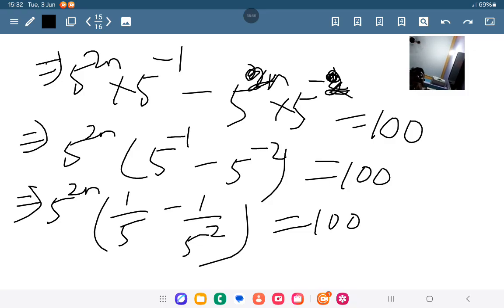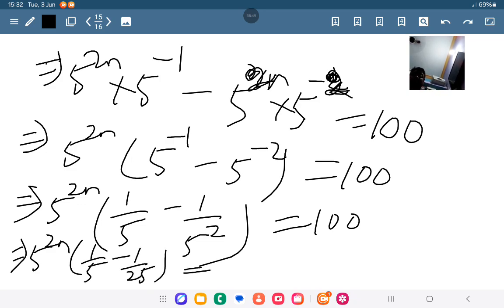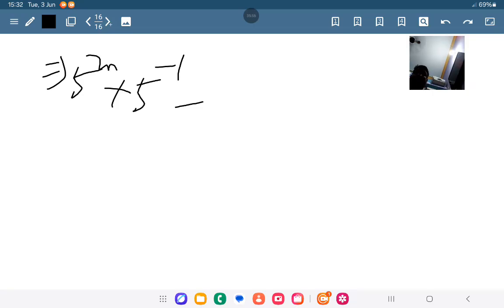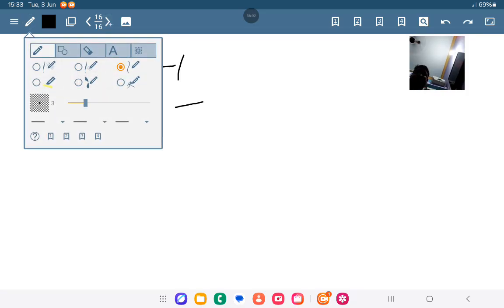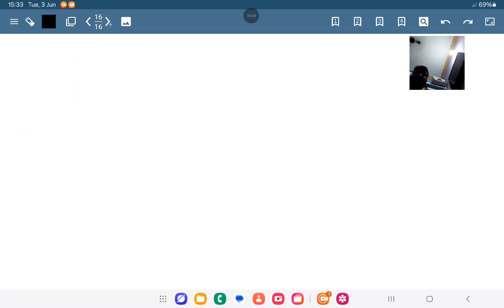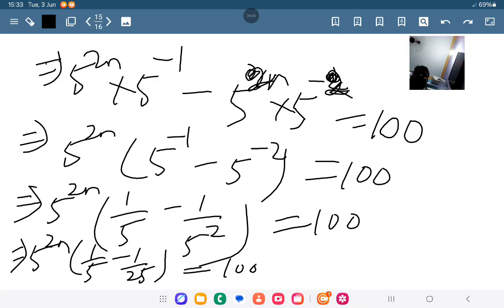So I can write now 5 to the power 2n into (1 by 5 minus 1 by 25) is equal to 100. Just solve this fraction.